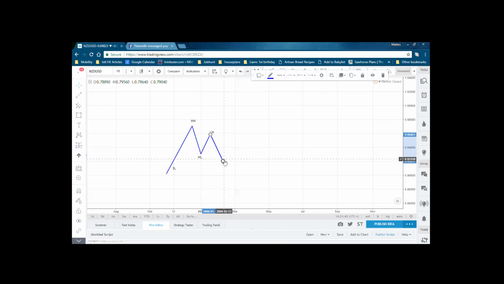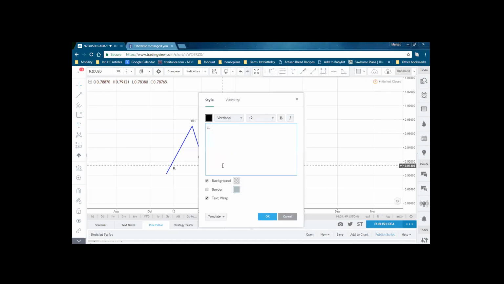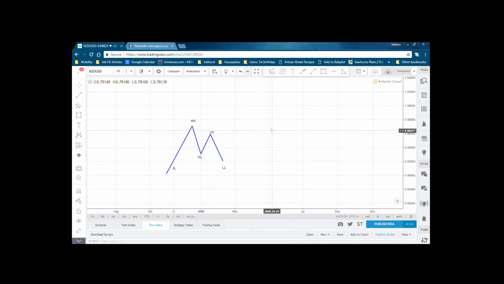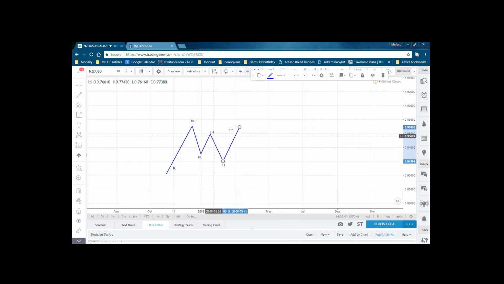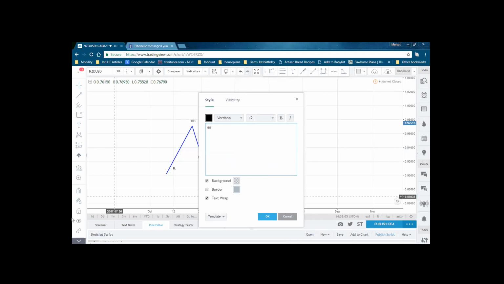Right? So we're pushing past this level, we form a lower low, and we say, okay, maybe you're looking at a trend reversal, looking now at a downtrend. But the market would then again push up higher and form yet again a higher high. Right?